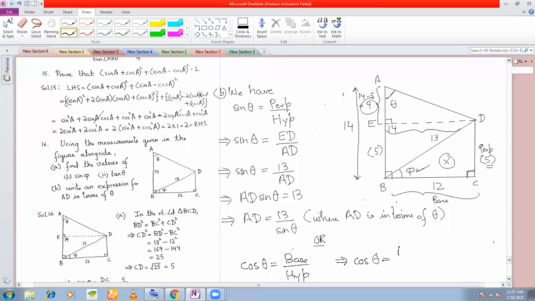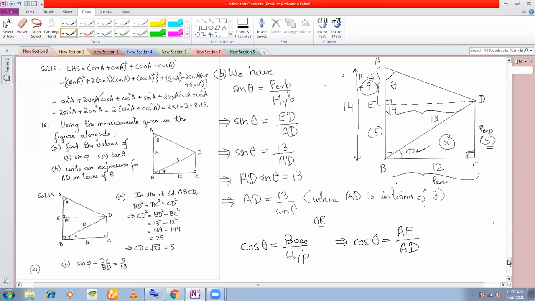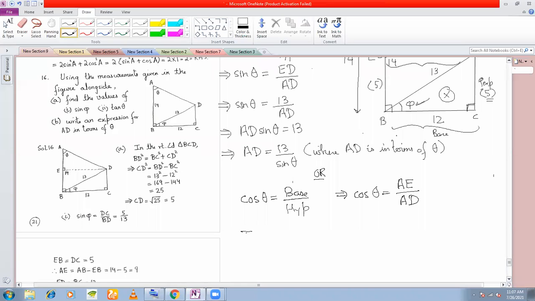AE. Hypotenuse AD. What is the length of AE? AE is 9 units. So cos theta is 9 divided by AD. So that means cross multiply.